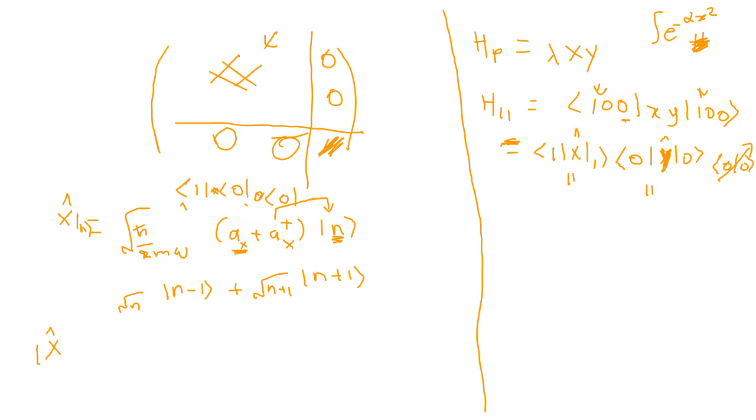And then ⟨m|x|n⟩, so you're just going to sandwich another bra there. The final thing, let me write it properly, it's ⟨m|.